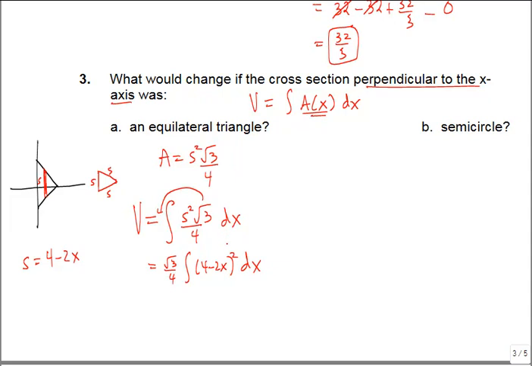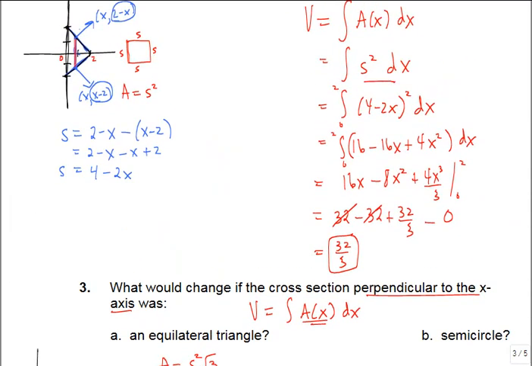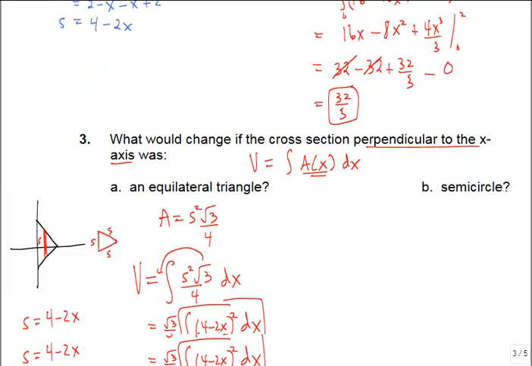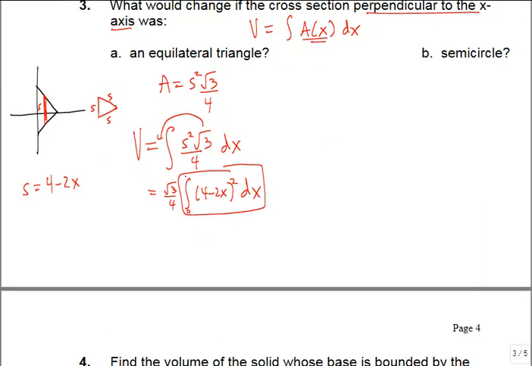And you know what? We know what this integral is, because that integral is this integral. And we know the answer to that is 32 thirds. So when I go from 0 to 2, this becomes 32 thirds times that √3/4. So this answer will be 8, because 4 goes into 32 8 times, √3/3. So that one is actually fairly easy to solve after you've done all the work from the previous example.